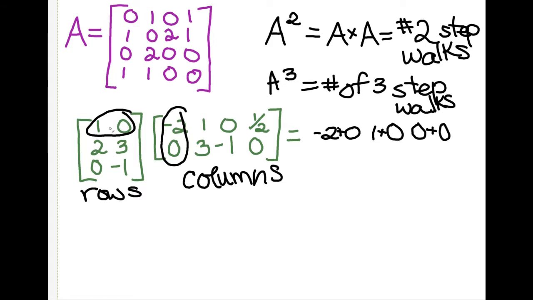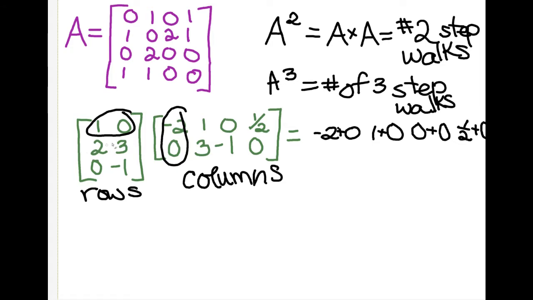You guessed it, first row, last column. 1 times 1/2 is 1/2. 0 times 0 is 0. So that fills in our first row of the answer. Match the row with the column and just move across the columns to fill in the whole first row of the answer.